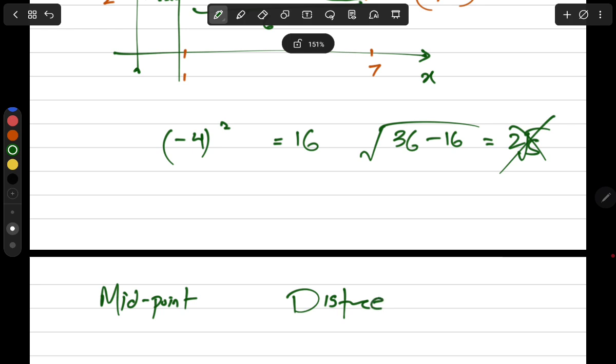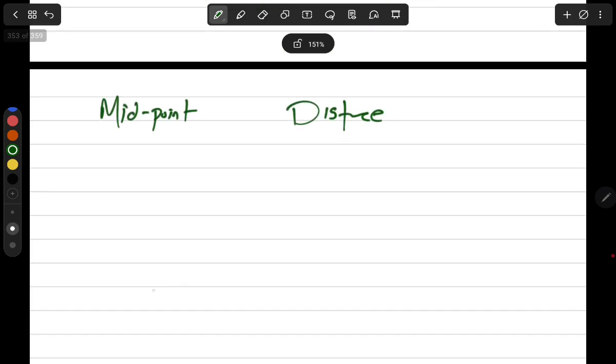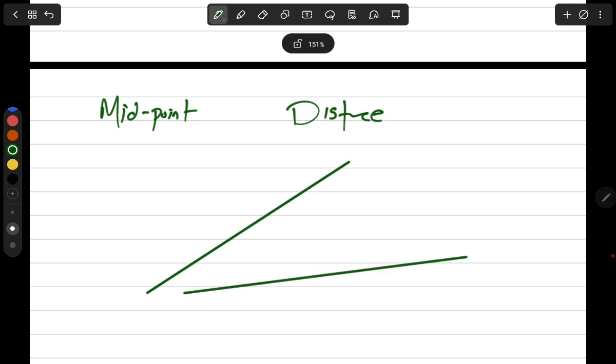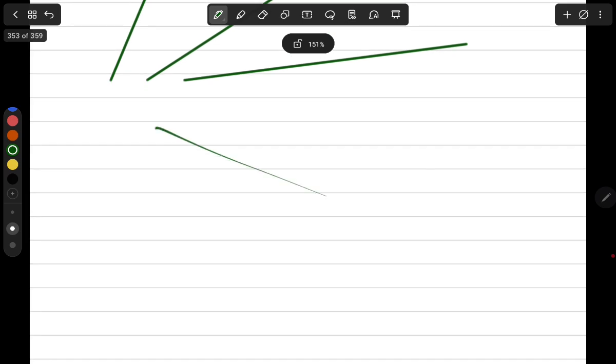So the next question is, how steep is the line? The line could be like this. The line could be more gentle. The line could be more steep. The line could be in a negative direction, right? The line could be steep negative. The line could be gentle negative. So now we are going to do all of that.